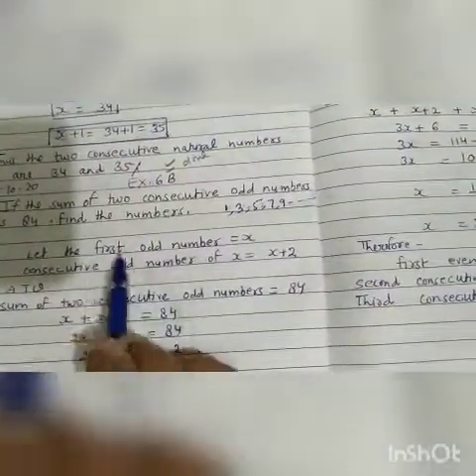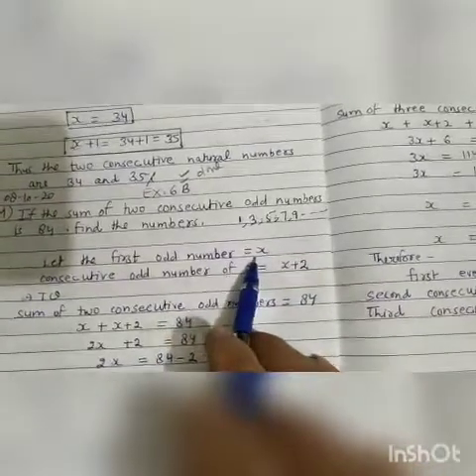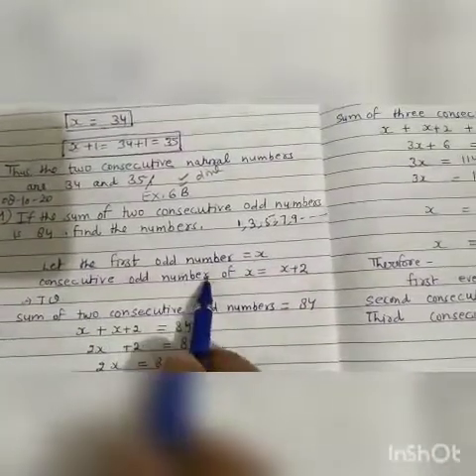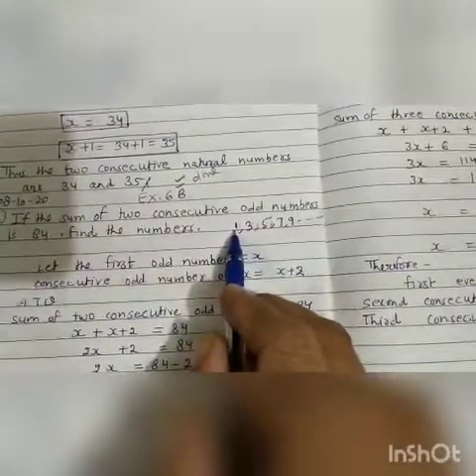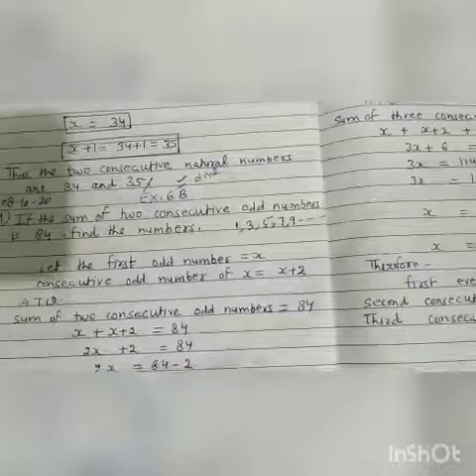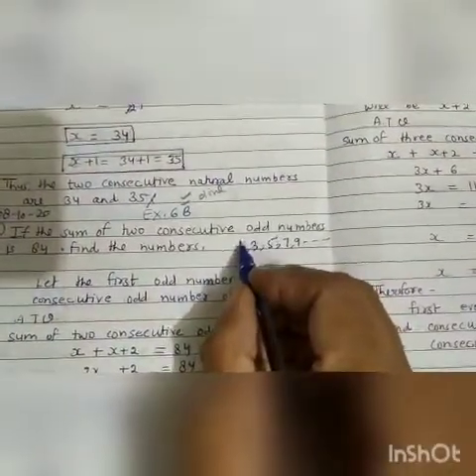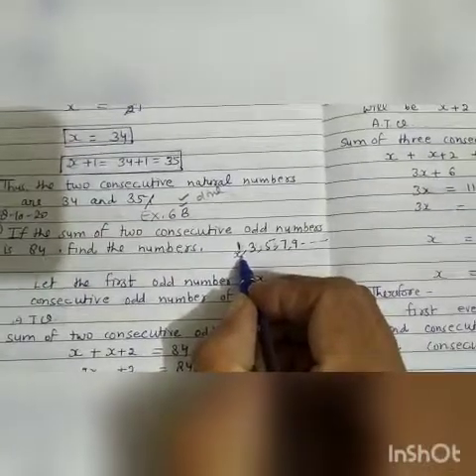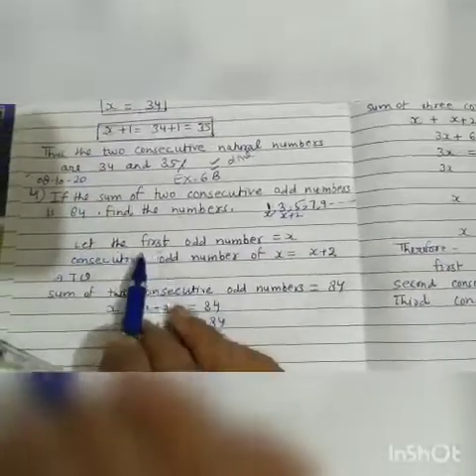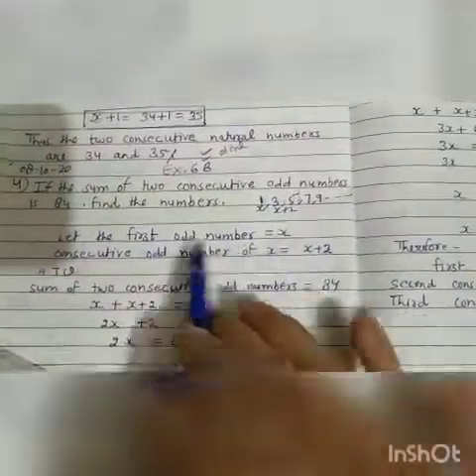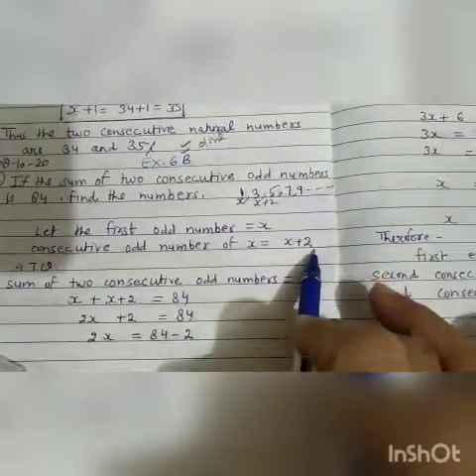Let the first odd number be x. Then the consecutive odd number of x will be x plus 2, because if we add 2, we get the next odd number.